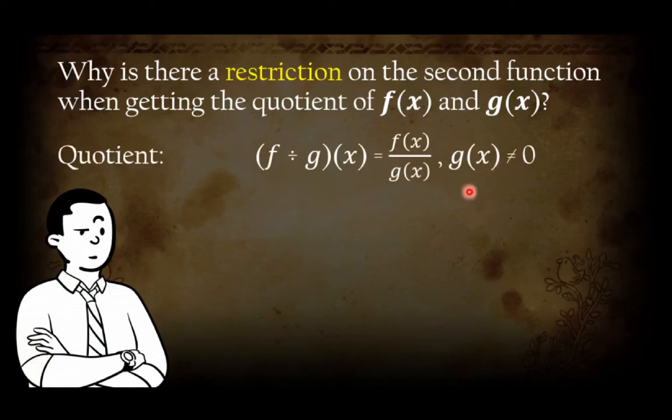Because kapag nag-equal kay 0 yan, magiging undefined ang ating sagot. Also, in this topic, we can determine the domain and range of the function formed when they are combined or when we perform algebraic operations on them. So that is how important our topic is today.